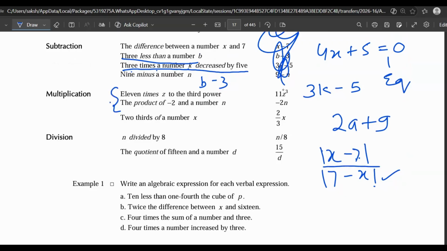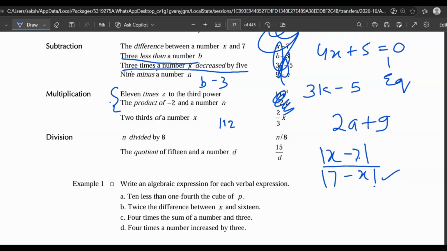Okay, what should I write for the second one? Here, for the first one, what should I write? Can anyone tell me? 11z raised to the power 3. Yes, 11z raised to the power of... On which number should I raise the power, on 11 or z? z.